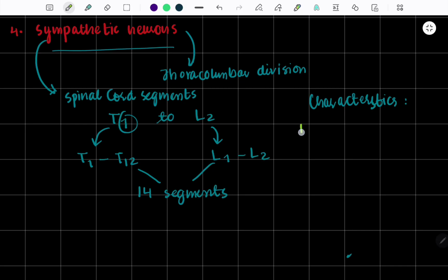Then obviously it has preganglionic neurons and postganglionic neurons, right? So what is the basic difference between both of the neurons present in the sympathetic nervous system? Collectively, both of them form the sympathetic neurons, right? Remember that the preganglionic fibers are short, but they are highly branched.